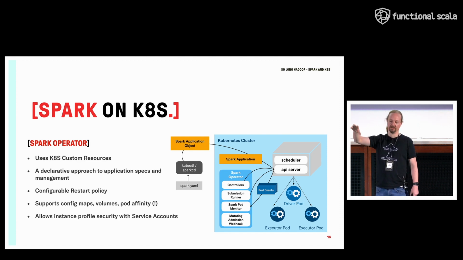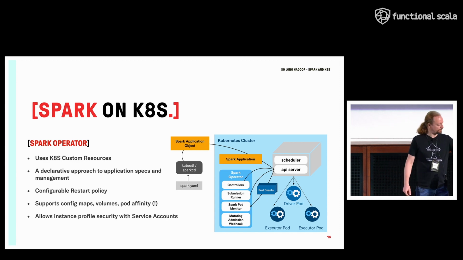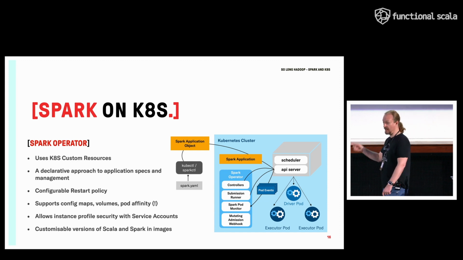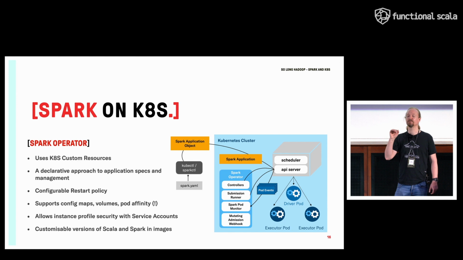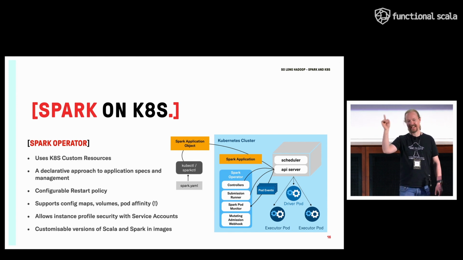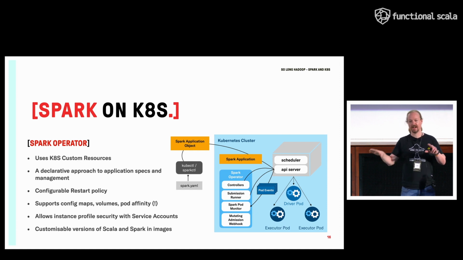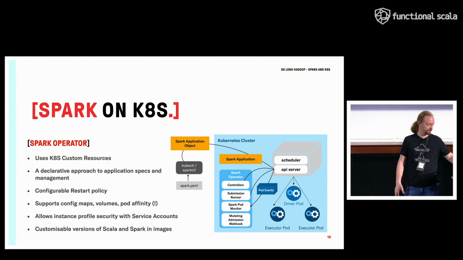You can do that using instance profile security. And also cool is, as a big change compared to Hadoop, you can specifically say, I want to run this Scala version and that Spark version for this application, run different versions in parallel, as opposed to basically having to use whatever your Hadoop environment gives you.